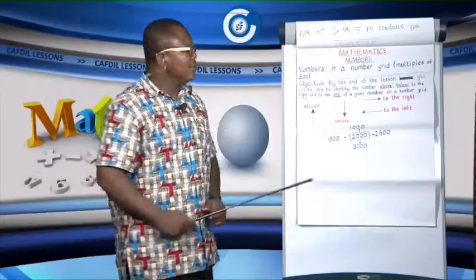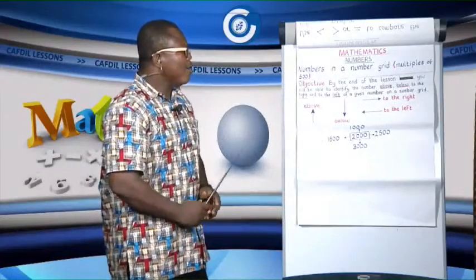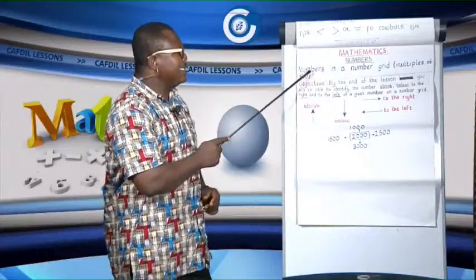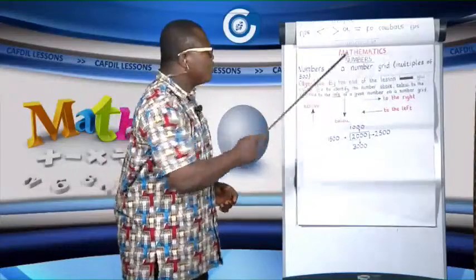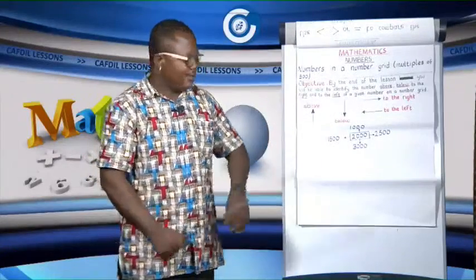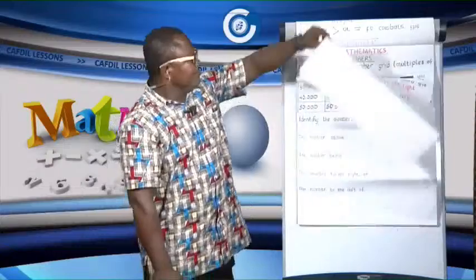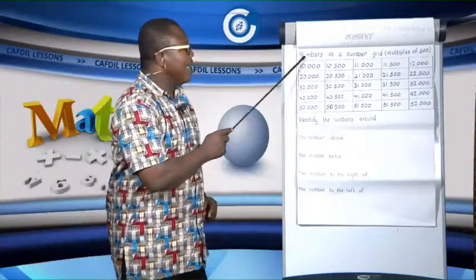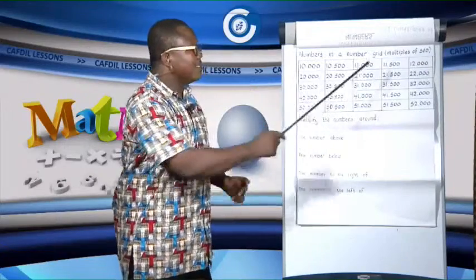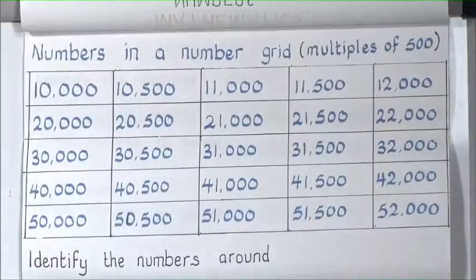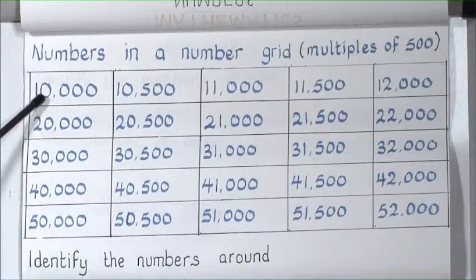Remember, we said today we want to look at numbers in a number grid, that is multiples of 500. Let's look on the board. So here I have my number. I started from 10,000.